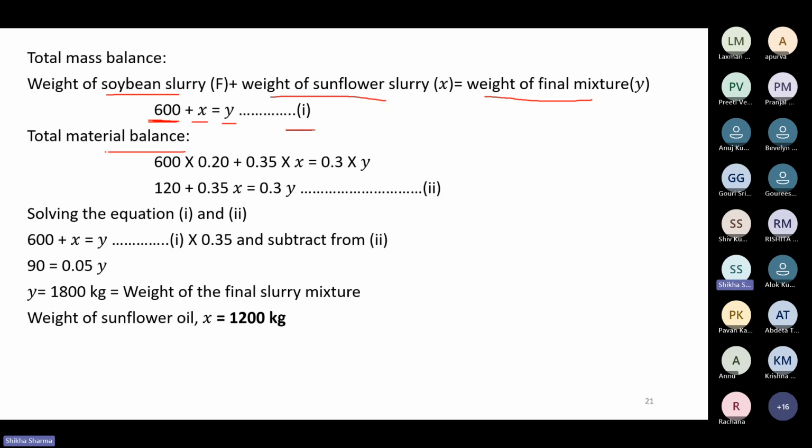Then, as per the total material balance, the component F, which is 600 weight, into its oil content.